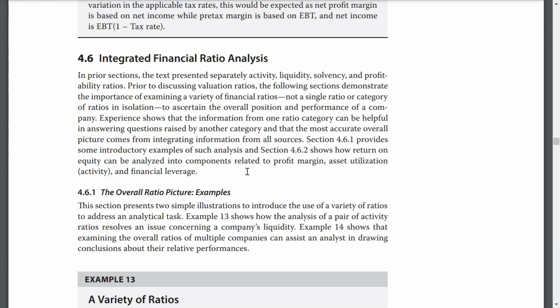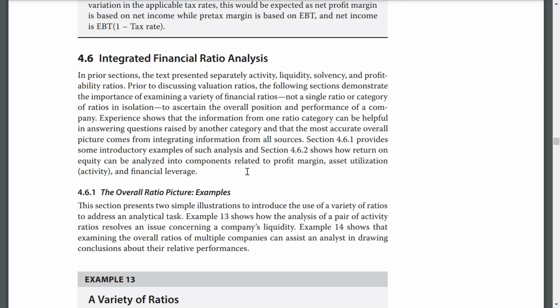Integrated financial ratio analysis. The prior sections of the text presented separately activities, liquidity, solvency, and profitability ratios. Prior to discussing valuation ratios, the following section demonstrates the importance of examining a variety of financial ratios. No single ratio or category of ratios should be used in isolation.